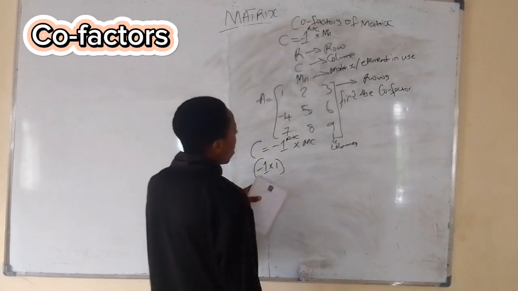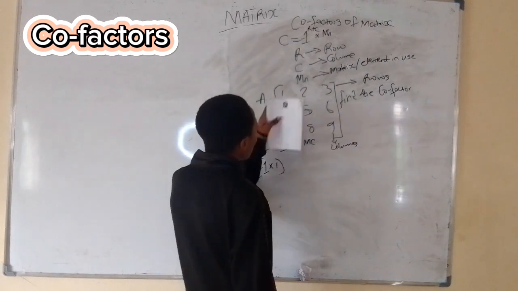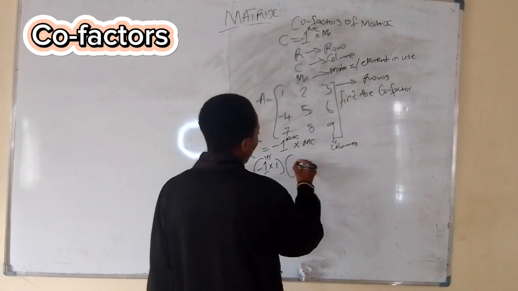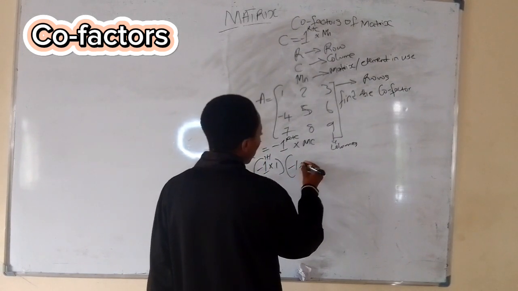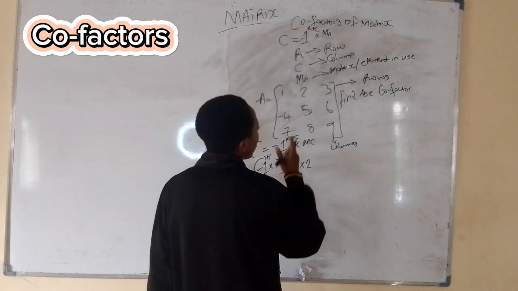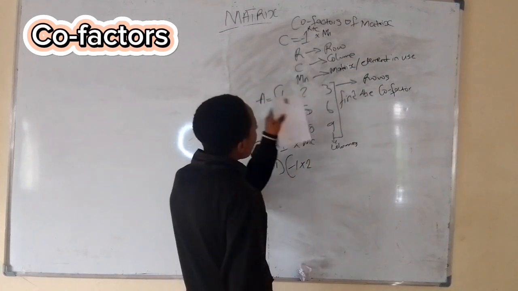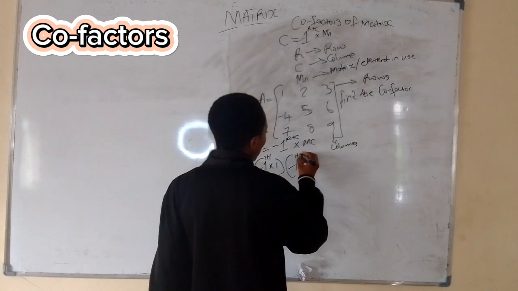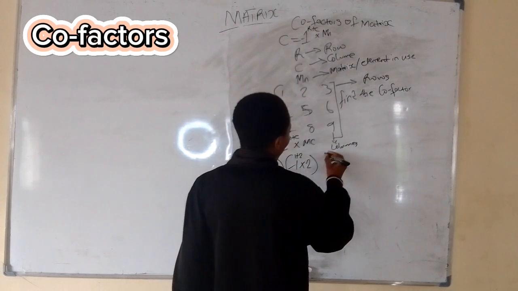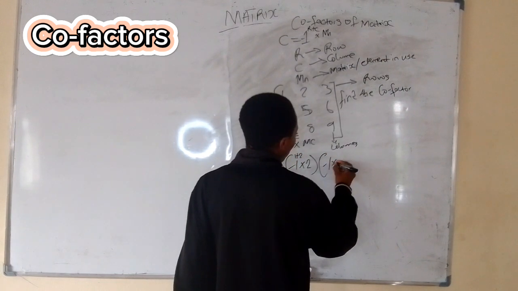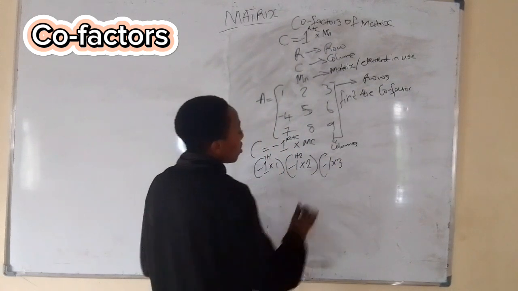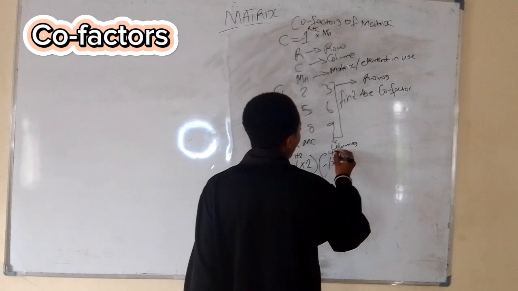So 1 is on row 1, column 1, so it will be 1 plus 1. Another bracket, minus 1 times 2. 2 is on row 1, column 2, so it will be 1 plus 2. Another one, minus 1 times 3. 3 is on row 1, column 3, so it will be 1 plus 3.